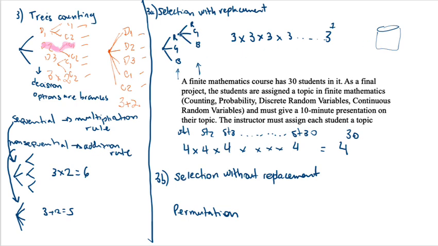Why? Because the next decision will branch into 3 possibilities again: red, green, and blue. If you apply the multiplication rule, you will have 3 times 3 times 3 times 3, for the number of decisions that you have. And this is called selection with replacement.